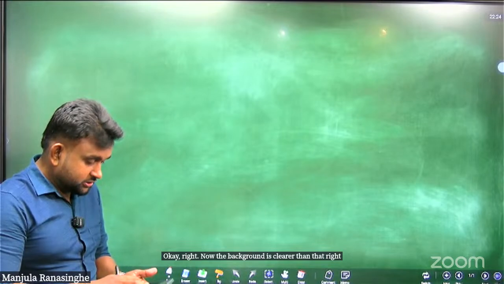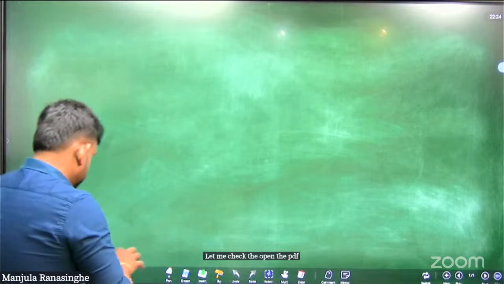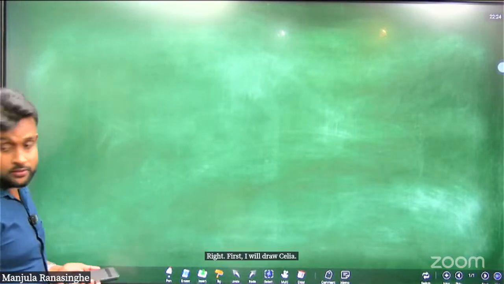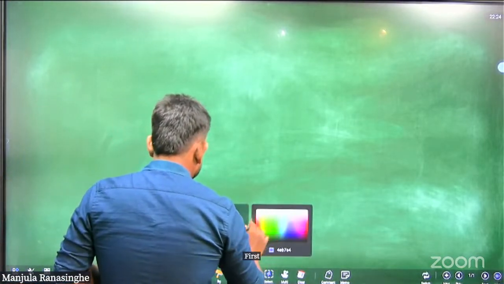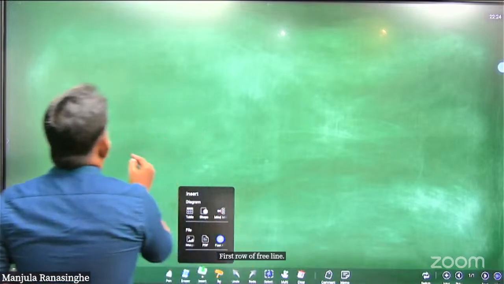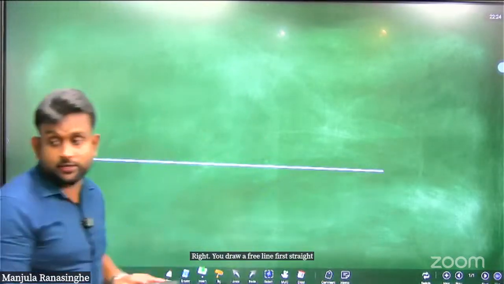Right, let me open the PDF. Right, first I will draw, see there, right? This is how you draw it. First draw a free line. You draw a free line first, straight lines without measuring anything.